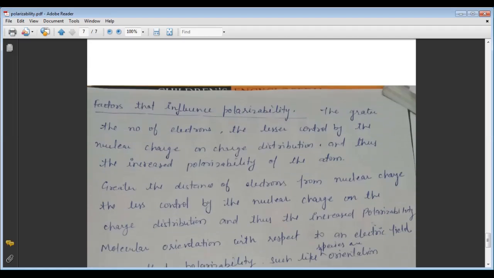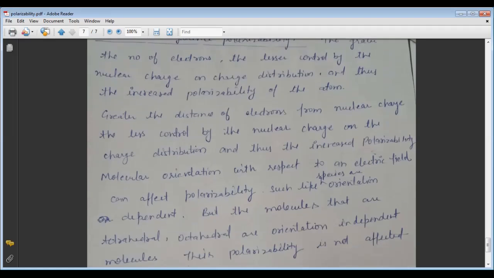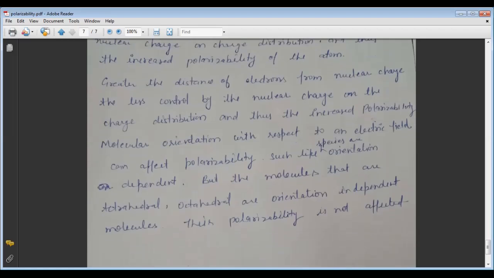Here are the factors influencing polarizability. The greater the number of electrons, the lesser the control by the nuclear charge or charge distribution, and thus the increased polarizability of the atom. And again, the polarizing power of the cation and the polarization of the anion. The greater the distance of the electron from the nucleus, the less it is controlled by the nuclear charge, and thus the increased polarizability.